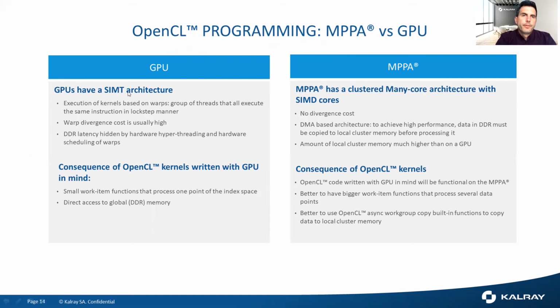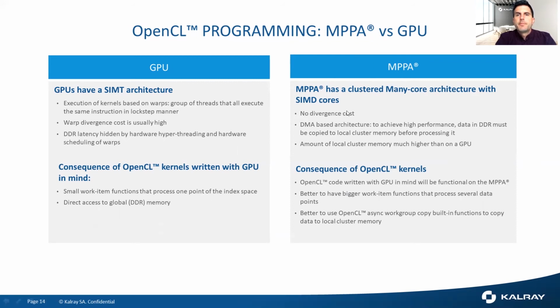So for this kind of architecture, the divergence cost is usually quite high. And GPUs also feature hardware hyperthreading and hardware scheduling of warps so as to hide the DDR latency.